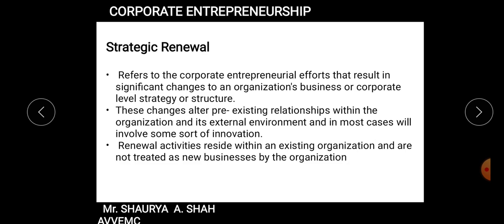As such, renewal activities remain within the organization because it is for the organization. Again, external factors are not affecting it. Your existing organizational structure remains intact. You are just innovating or you are just changing the policies. No new business organization is created. Fine. So I suppose it is clear to each and every student.